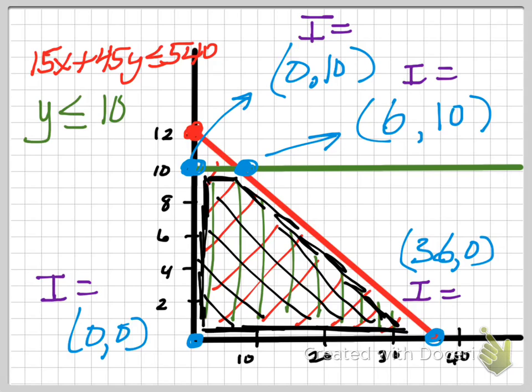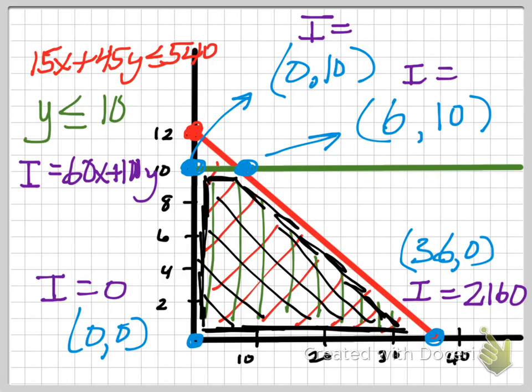Using the objective function, which, just to remind you, income was 60x plus 100y, the income at 0, 0 would be 0. Of course, I wouldn't have any income if I didn't take any appointments. The income at 36, 0 is 2160. The income at 6, 10 is 1360. And the income at 0, 10 is 1000.